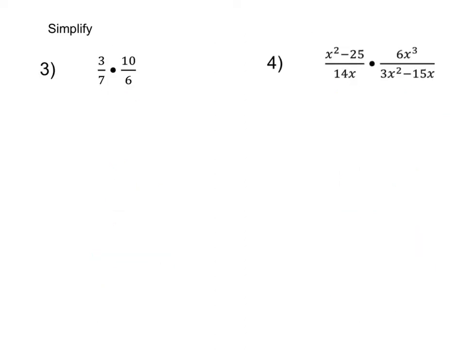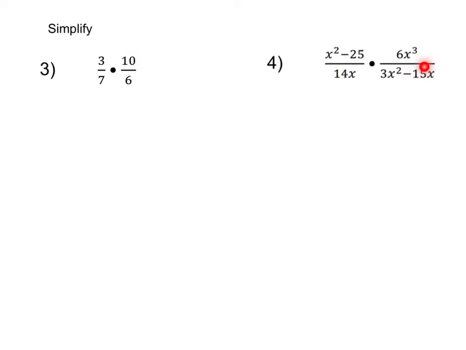Alright, so we're going to apply that same technique to multiplication of fractions. We'll do a simple one with just numbers, and then we'll do one with more complicated expressions. First thing I want to do is remind you that when we multiply fractions, we can just multiply straight across.